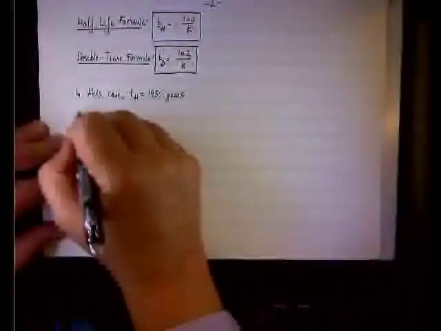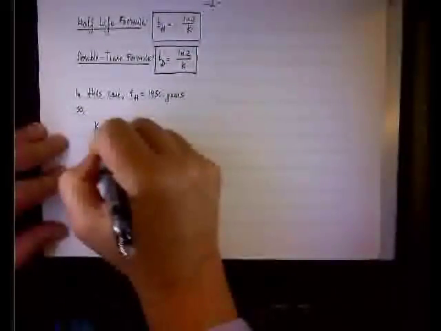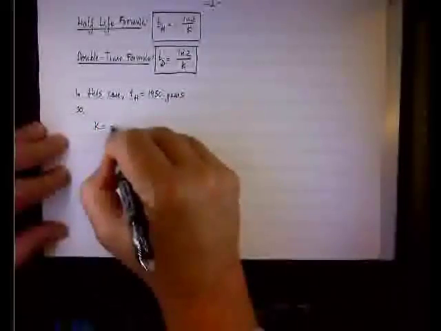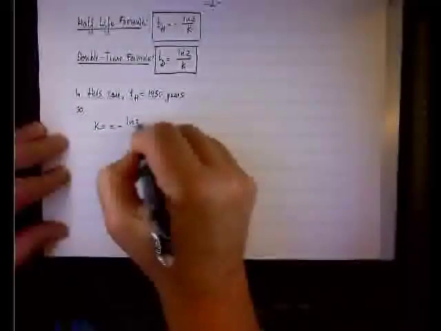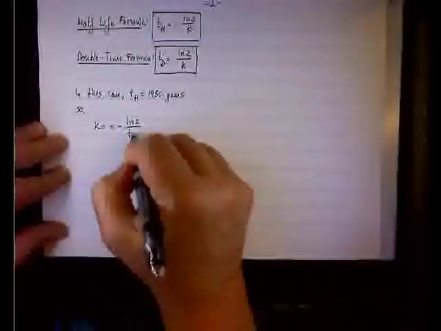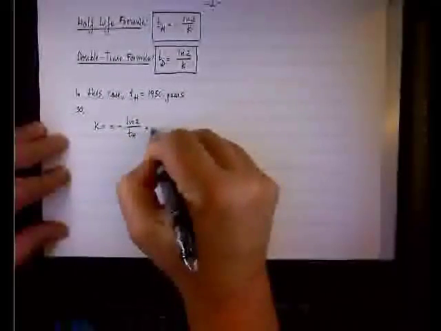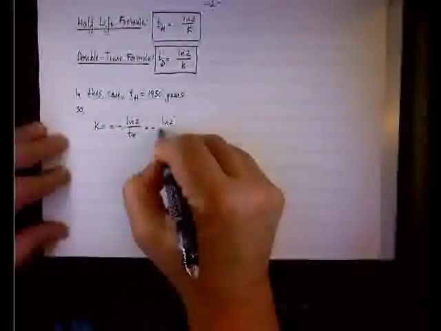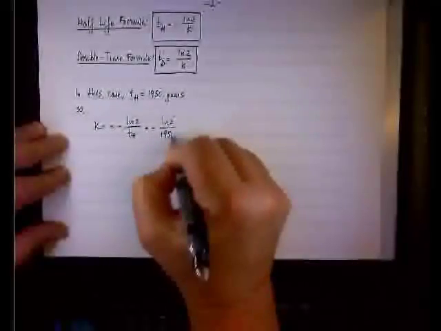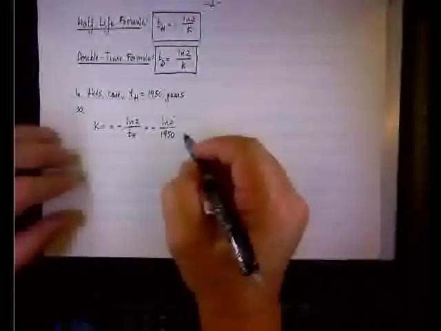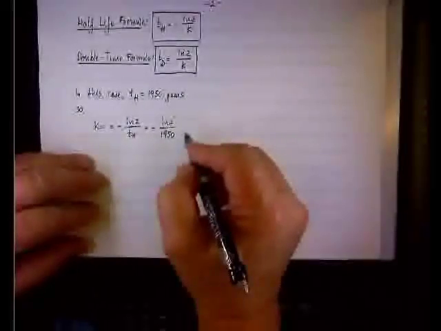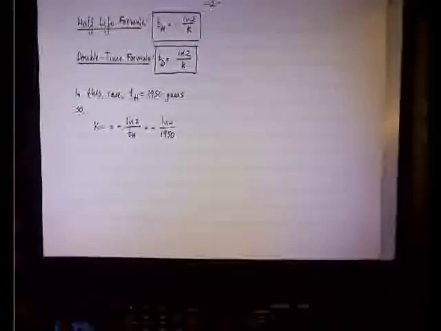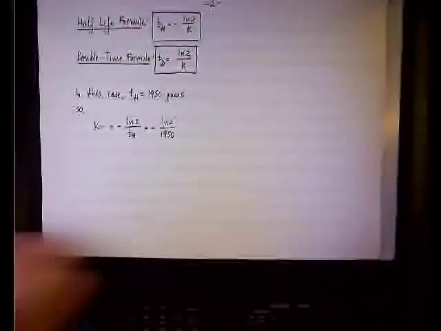And the decay rate is going to be, so k equals negative natural log of 2 over T sub h, or in our case, it would be negative natural log of 2 over 1,950. And you can either evaluate the value or keep it like that.